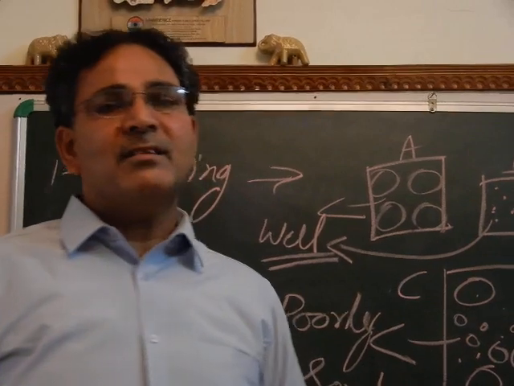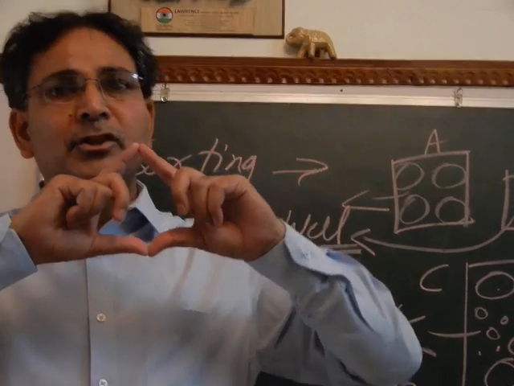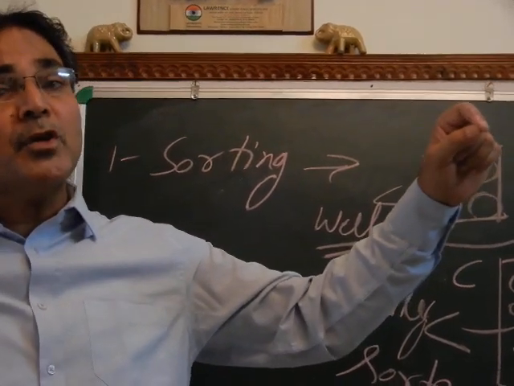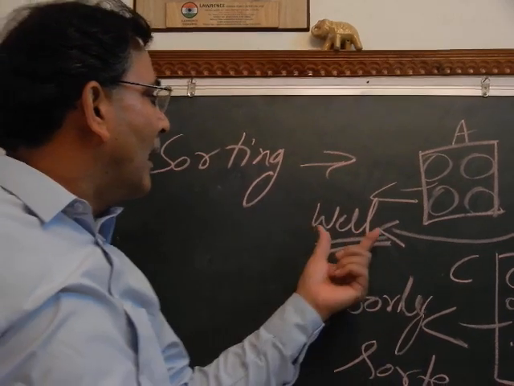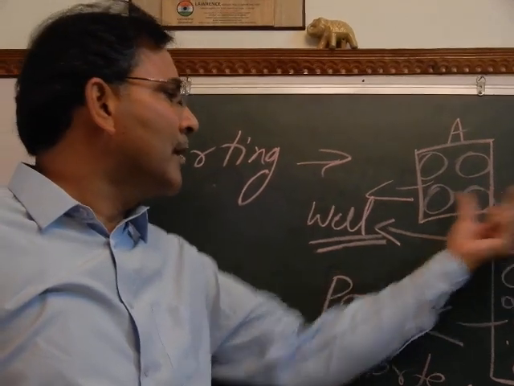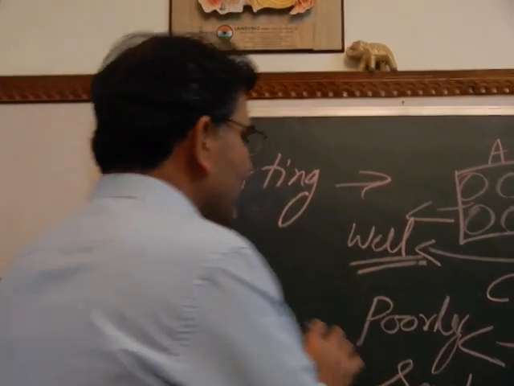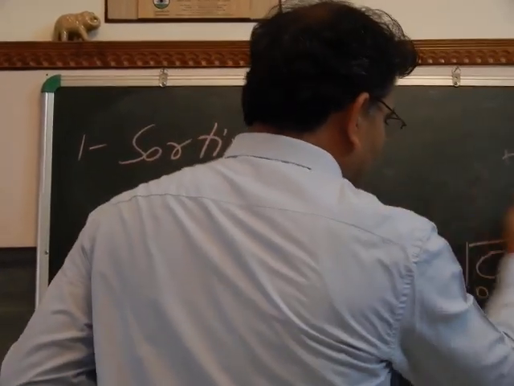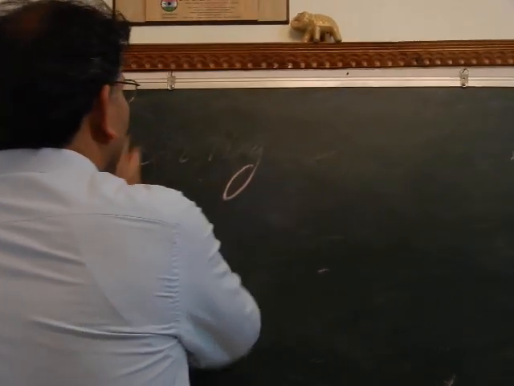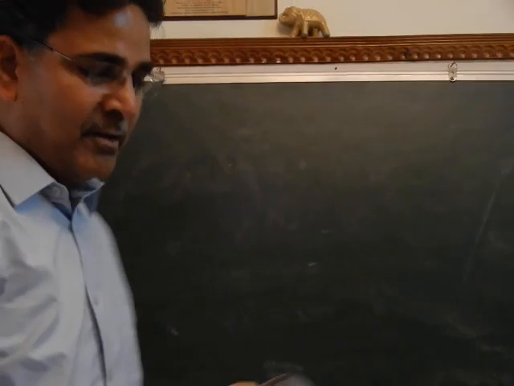Whereas well sorted grains explain that the energy of the depositional environment was consistent for a long period of time during the deposition of that particular rock type, and the energy was not fluctuating. So this is the importance of sorting, that it explains the fluctuation in the energy level of the depositional environment.